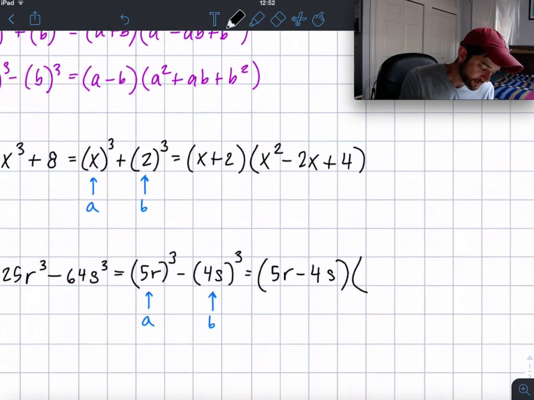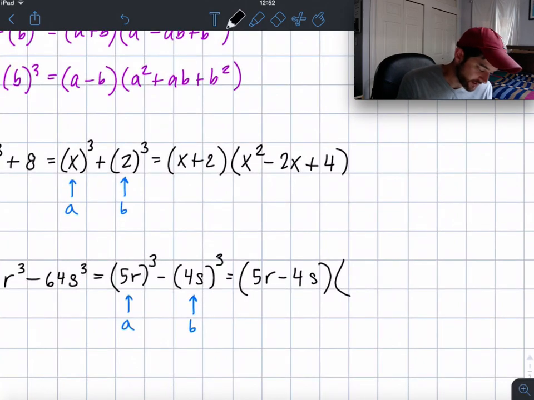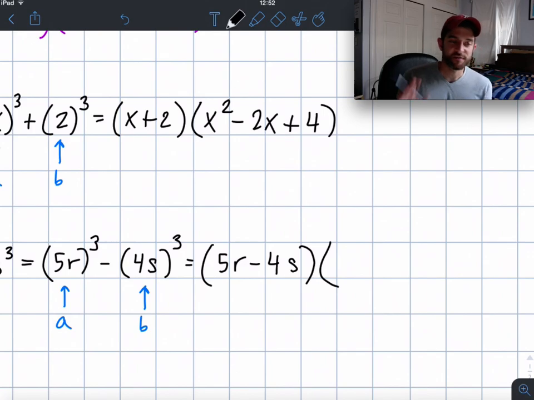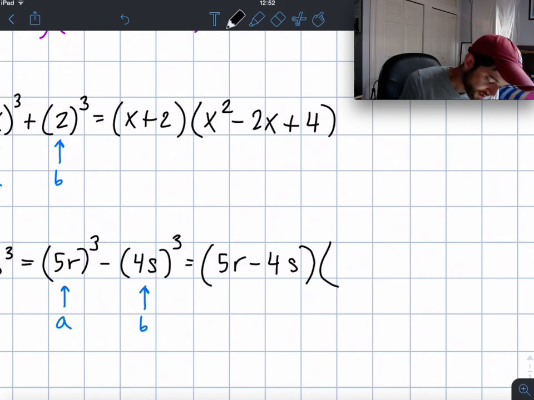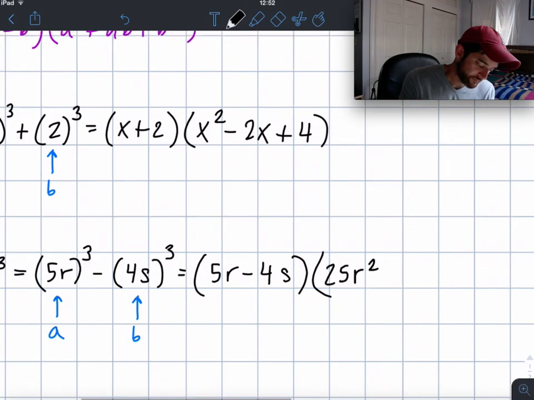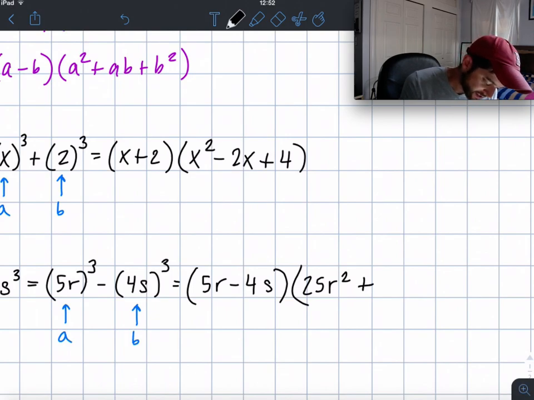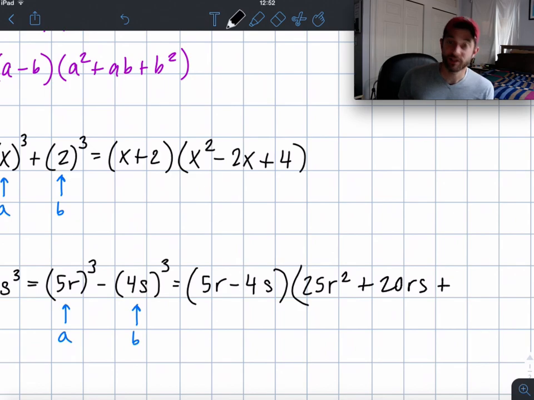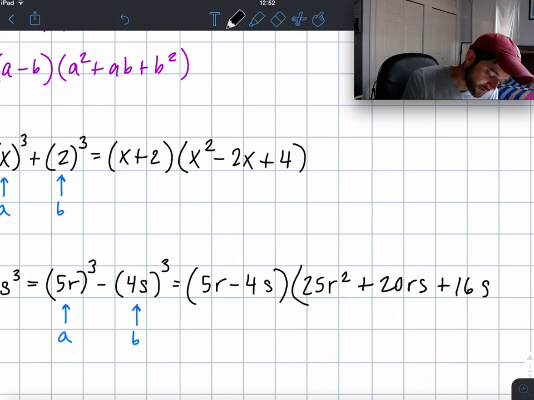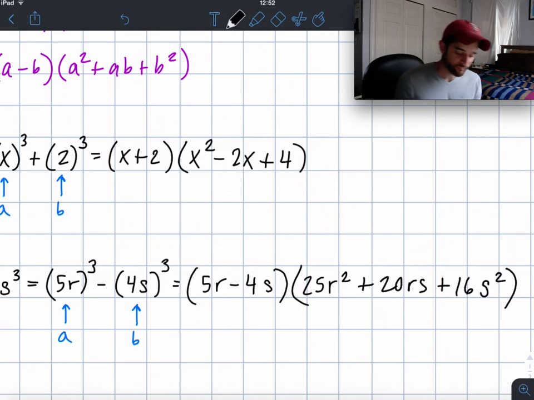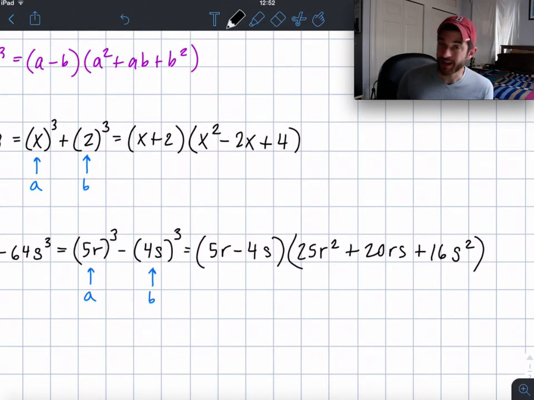And the trinomial after is a squared, that's 5r squared, or 25r squared, plus a times b, 5r times 4s, or 20rs, plus b squared, or 4s squared, which is 16s squared. And again, that trinomial cannot be factored, and that is your factorization.